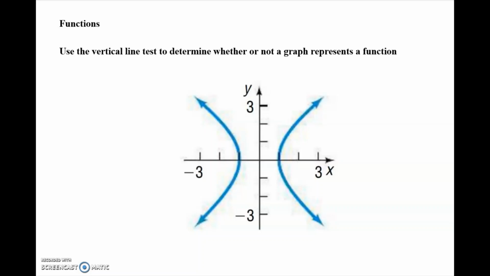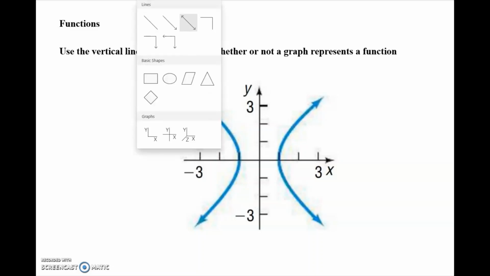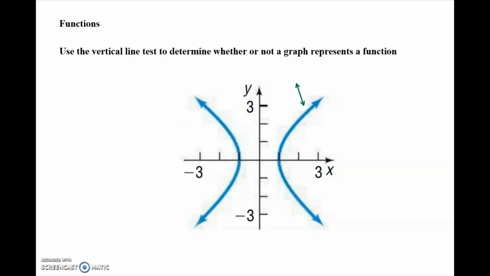So in this question here, we are going to try to find out whether the graph represents a function or not. So what we are going to do, we are going to draw a vertical line passing through the graph. You can try it here. You can draw another one here. It's totally up to you. Now we are going to look at this line.